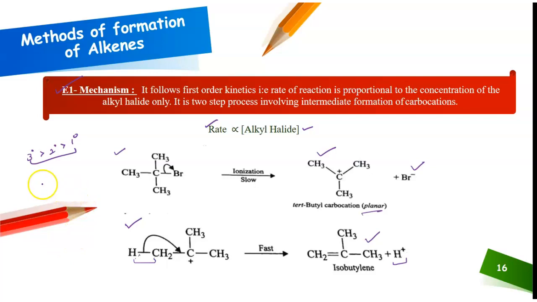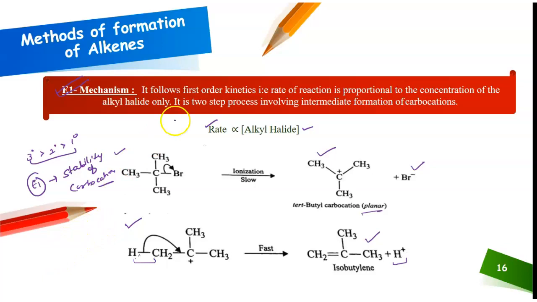Okay, so your E1 reaction depends upon the stability of carbocation. Okay, so unlike your E2 mechanism, here E1 has no stereochemical preferences, because your carbocation is involved here, which is why we will not discuss any stereochemistry here.